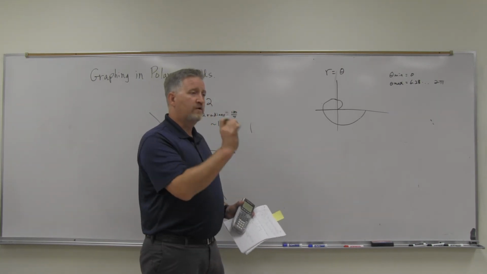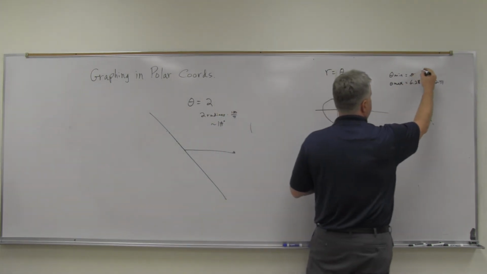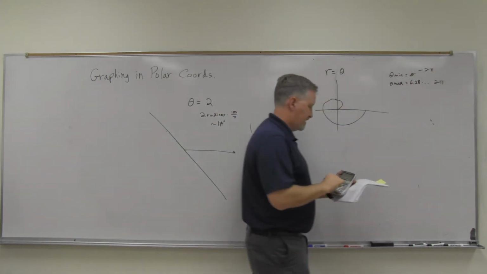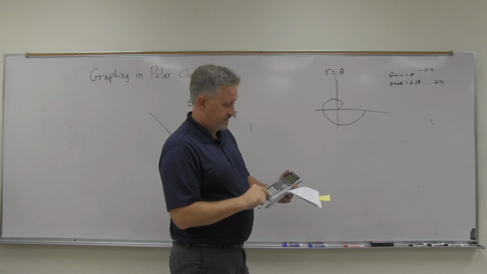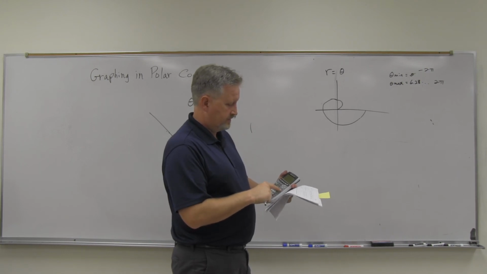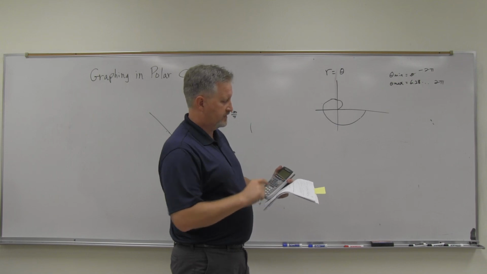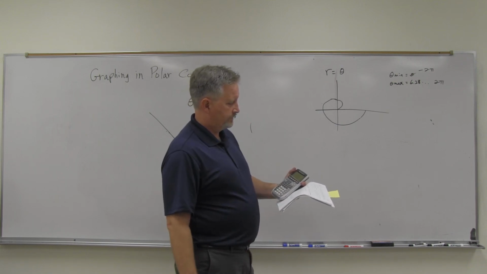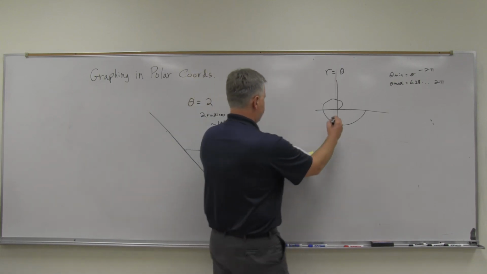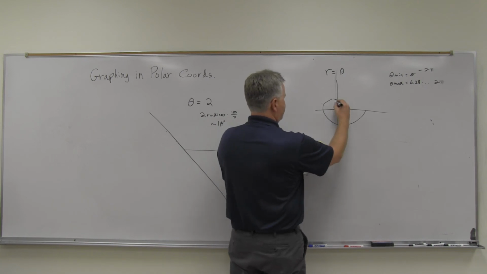And so one thing we can do is change that to negative 2 pi to 2 pi and see what that does. Yeah, so it puts more to it, doesn't it?